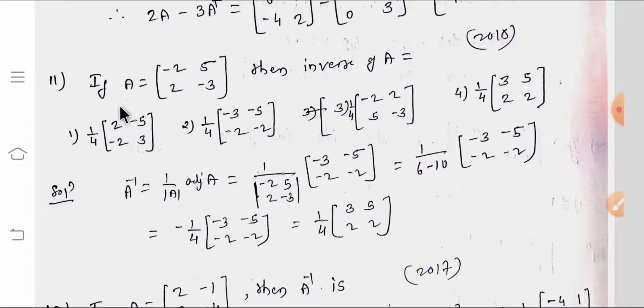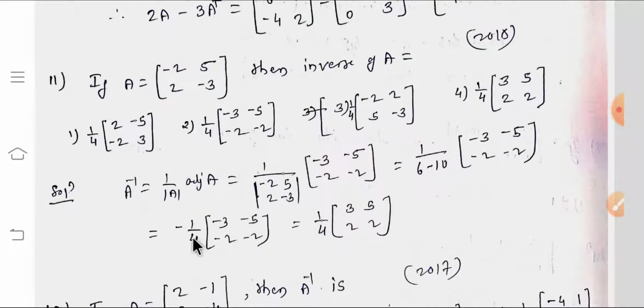Next one: if A is equal to the given matrix, then the inverse of A is, and options are given. For the inverse of A we first find the determinant of A, using the direct formula: A inverse equals 1 by determinant of A into adjoint of A. The determinant by cross multiplication is minus 2 into minus 6, that is 6, and 2 fives are minus 10, giving minus 4. For the adjoint of A we interchange the principal diagonal elements, minus 3 and minus 2, and change the sign of the others, minus 5 and minus 2.